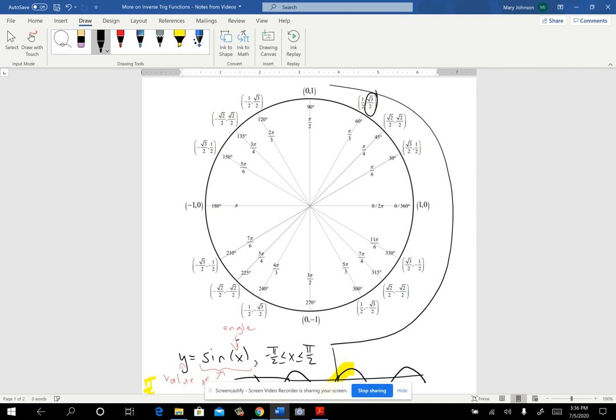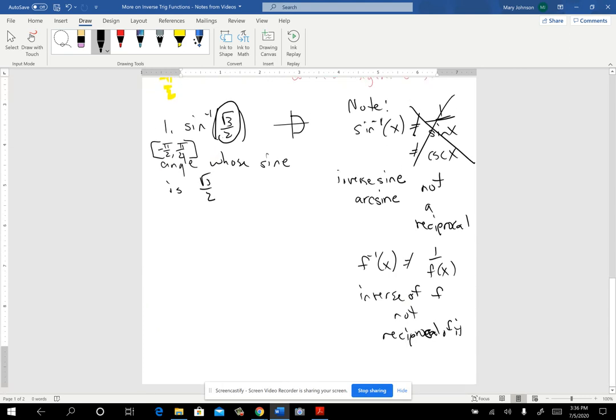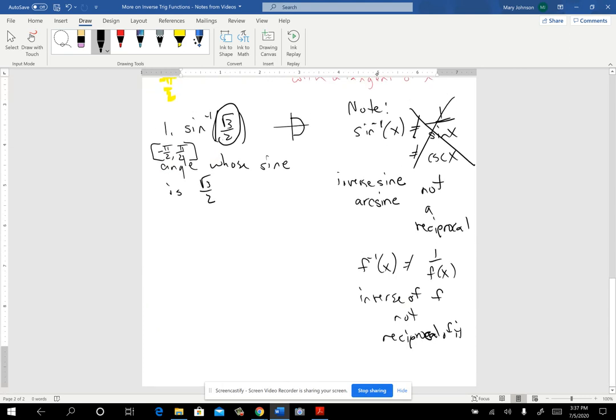That's why we restricted the domain of the original sine function, so the answer to this question would have only one answer. And we can see that it would be pi over 3. So your answer to this should be, let me put it in red, pi over 3. I'll do it down below.